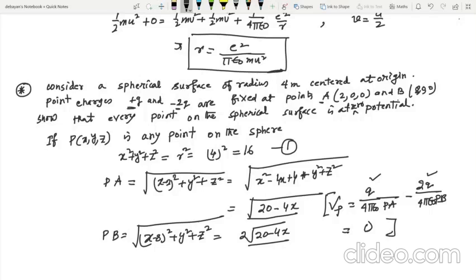So this is nothing but the Cartesian components: Ex is minus del v by del x, and Ey is minus del v by del y. Now you put v as x y square minus 4 x cube, and differentiate it.